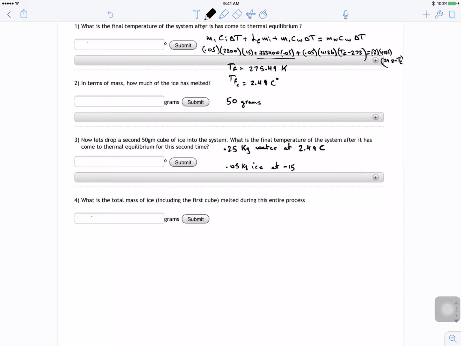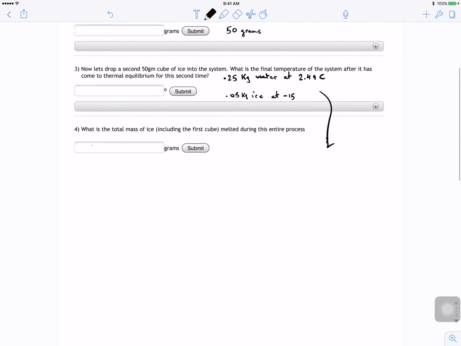So now let me take this to the bottom right here because I'm going to need more space. So how much energy would it take to turn the whole water to just 0 degrees? So let's do the math. So 0.25 kilograms times 4186 times the 2.49, which is minus 0.